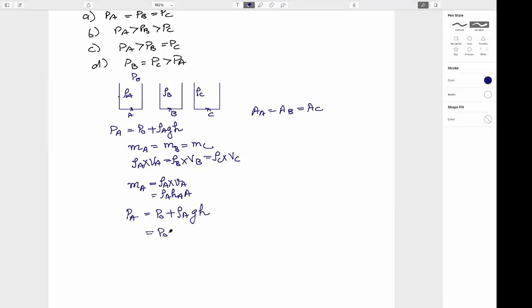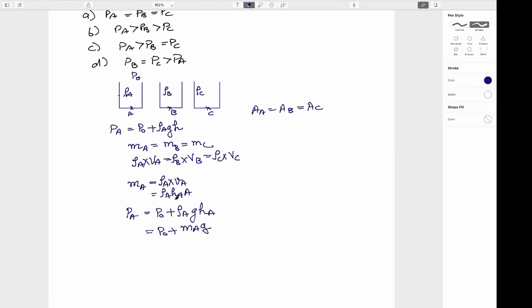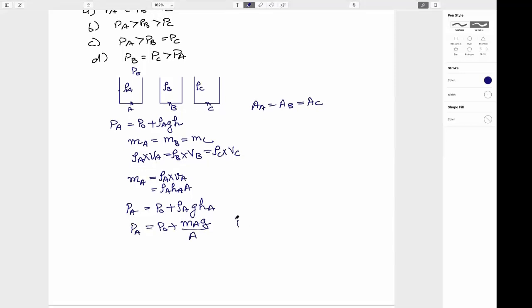So that is P naught plus rho A into H is MA into G, by A. Similarly, PB is P naught plus MBG by A and PC is P naught plus MCG by A.